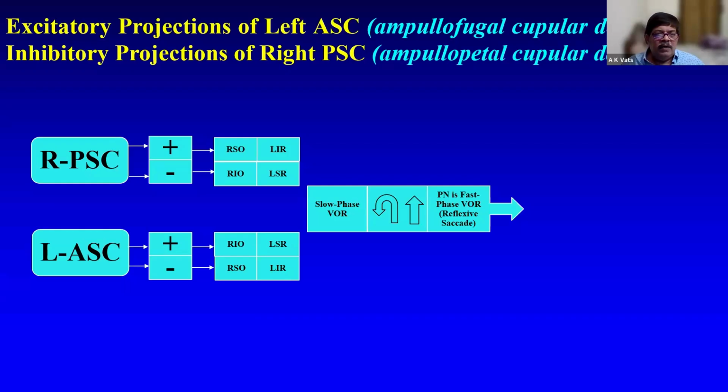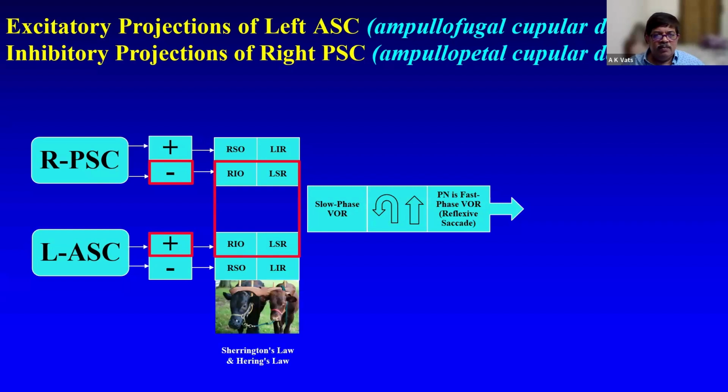So again, I have to emphasize that the excitatory projections of the left anterior semicircular canal and the inhibitory projections of the right posterior semicircular canal are to the same group of muscles, right inferior oblique and left superior rectus, and therefore the slow phase VOR is upbeating and right torsional.